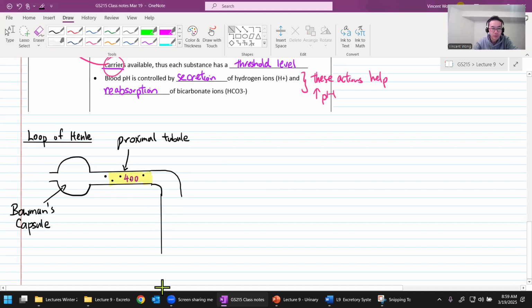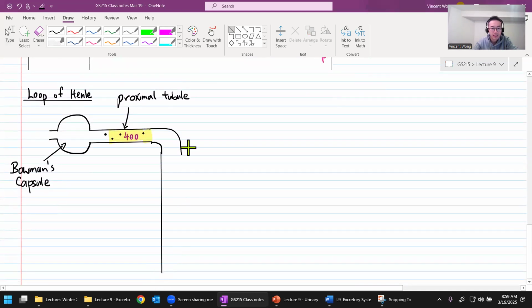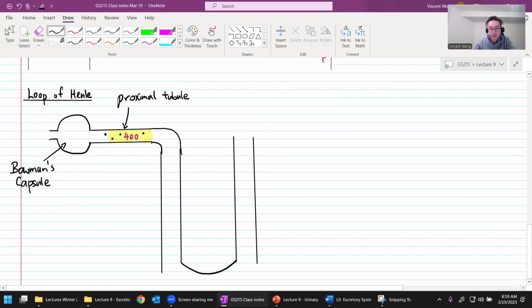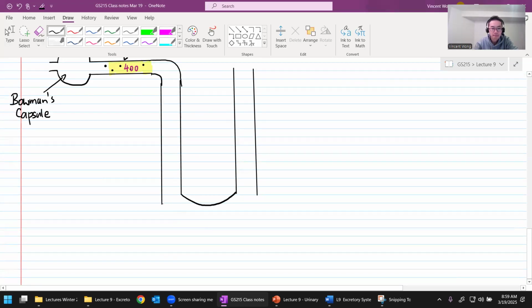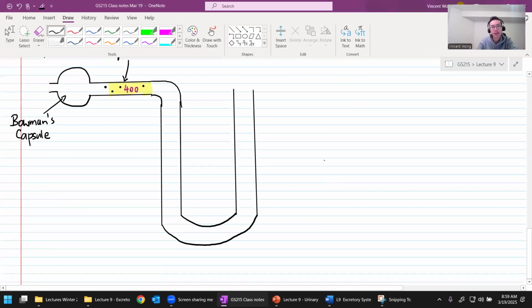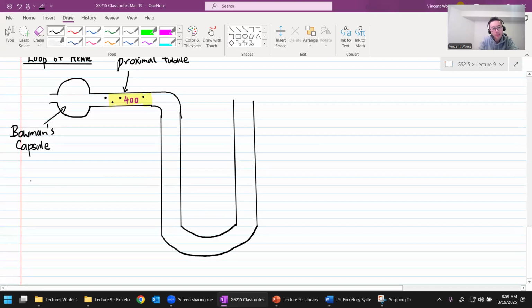We're gonna take a joyride down the descending limb before coming back up like that. There we go. Now I'm also going to put a little dotted line here.